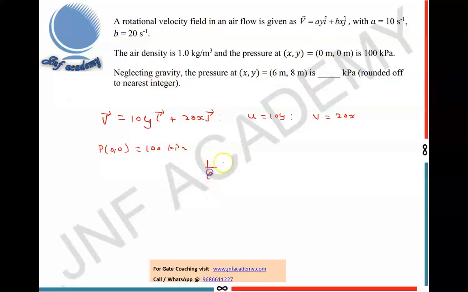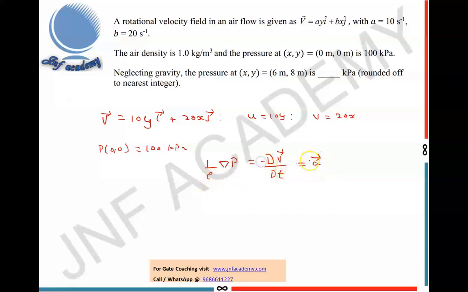1 by rho grad p, which is divergence of p, is equal to d v vector by dt. So this can be easily written as acceleration vector, right?